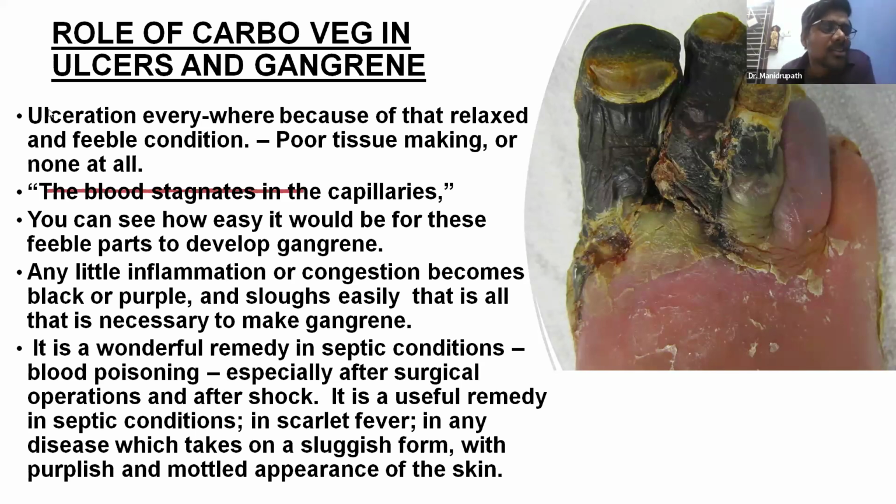Someone will say, how can you understand this? This is what you must understand, the in-between lines of what is written. In any disease, that means whatever pathology you are dealing with, whatever, but if it is in a sluggish form and the appearance is purplish, immediately give carboveg. This is observational prescription, you need to understand.